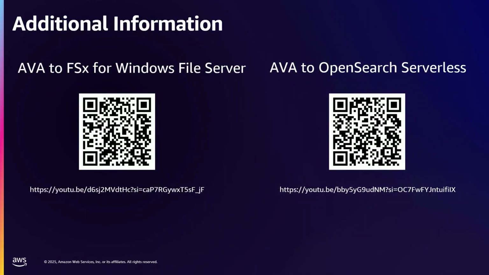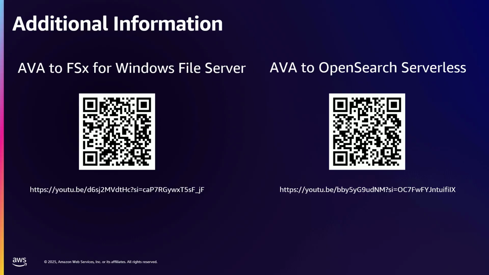All right, so I went through that relatively quickly. I did create a couple of videos that I published to the AWS channel on YouTube. And I'll give you time to take a picture. So the first goes over AVA to FSx. It covers the network interface that I went over today, but it also covers the CIDR range endpoint type.